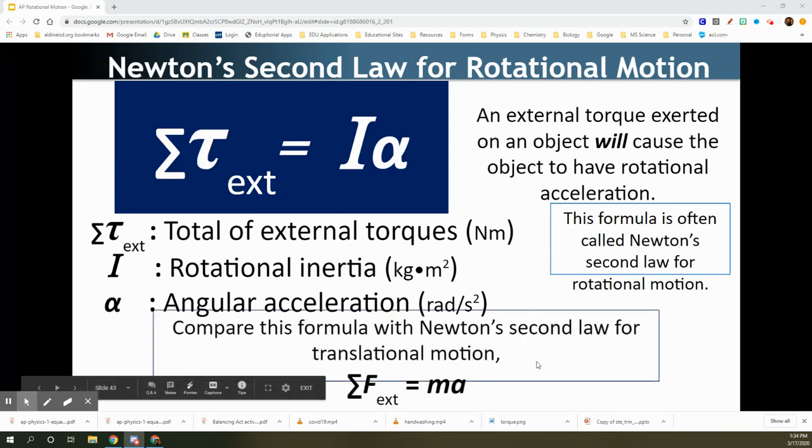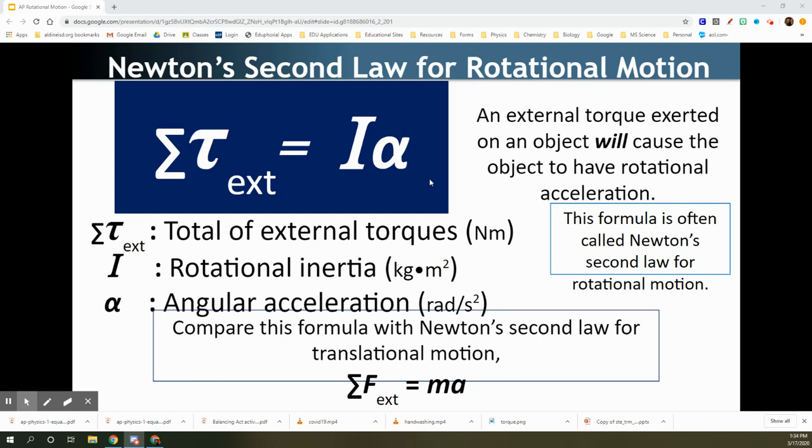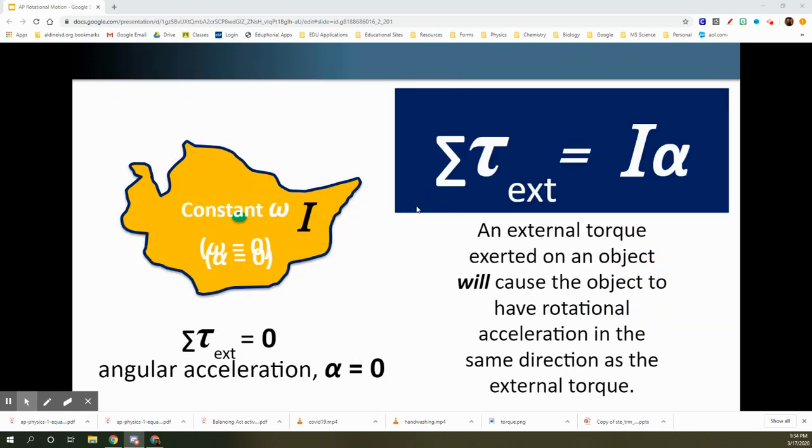Okay, so we went all over this, and we did a kind of derivation where we just took Newton's second law for translational motion and changed everything to make it into rotational motion. The same rules apply: in translational motion, if no force is applied, there's no acceleration.